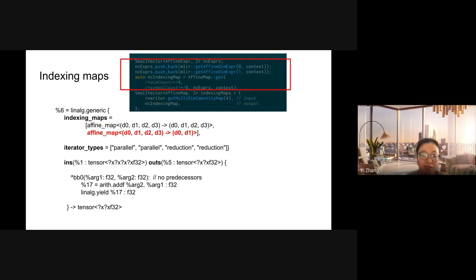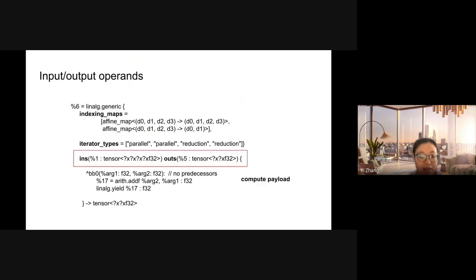For the other affine maps, we need to first build the affine expressions. First build the affine expression for D0, and then the affine expression for D1, and then get the affine map. So that's about the indexing map.